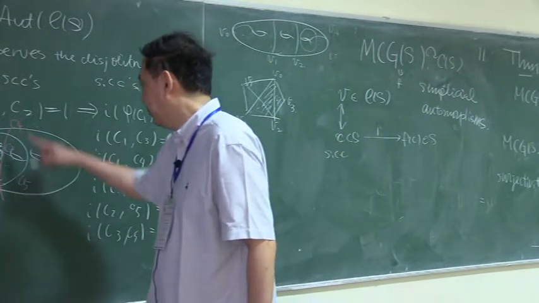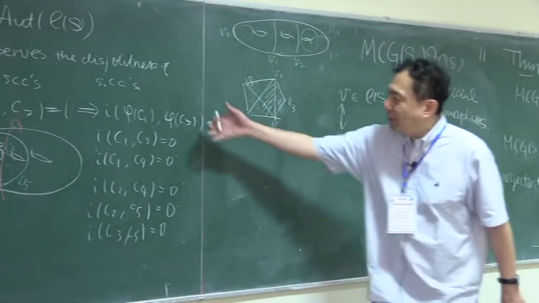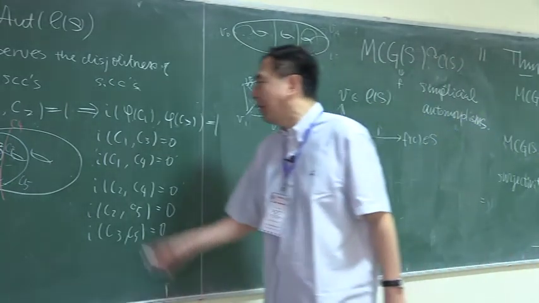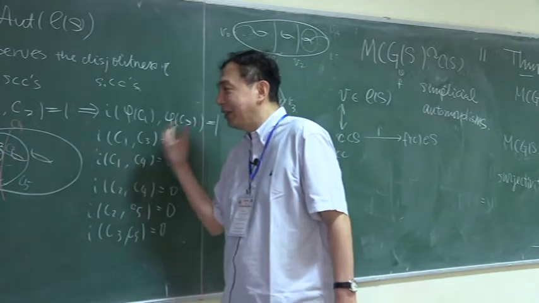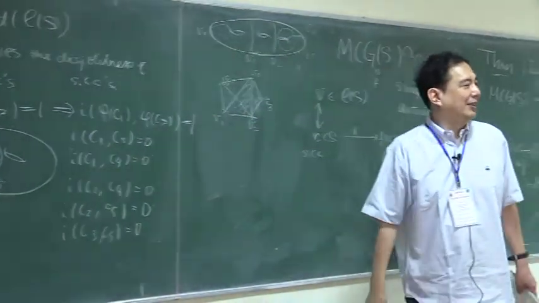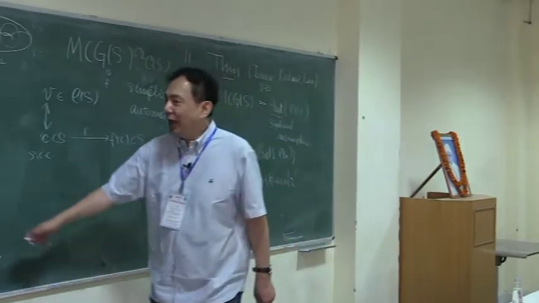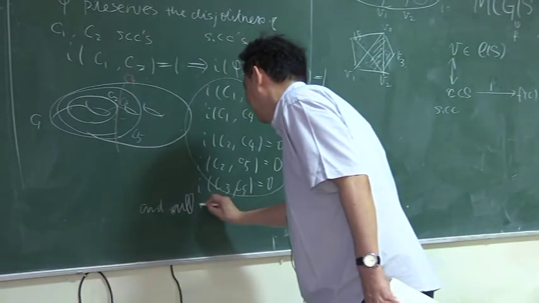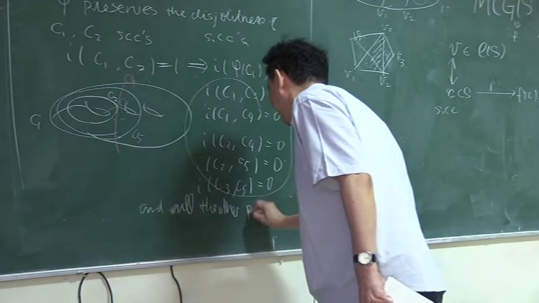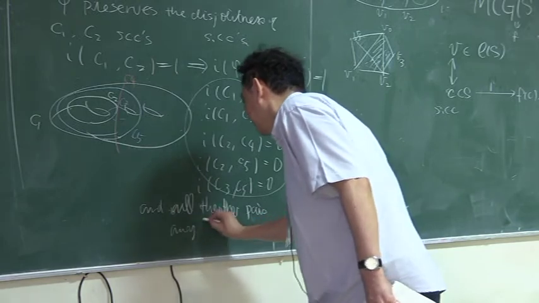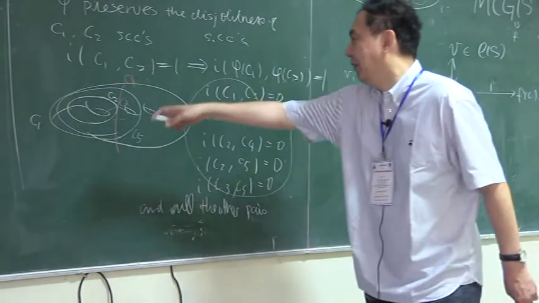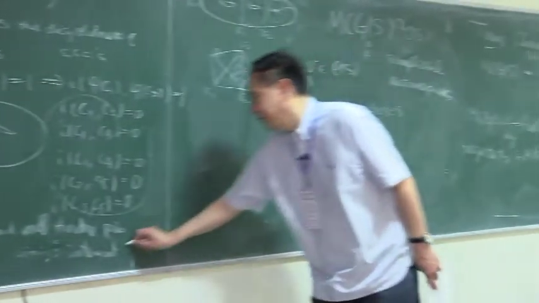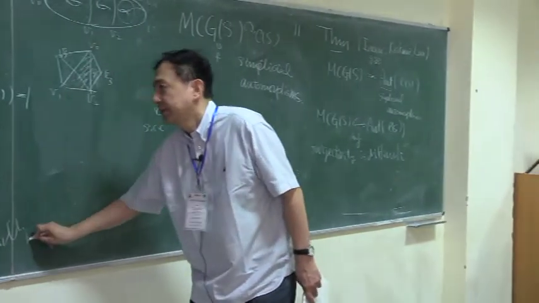Okay, that should be all. So C4 and C5 intersect. You have these conditions of disjointness, but all the other pairs of curves in this picture intersect, essentially.